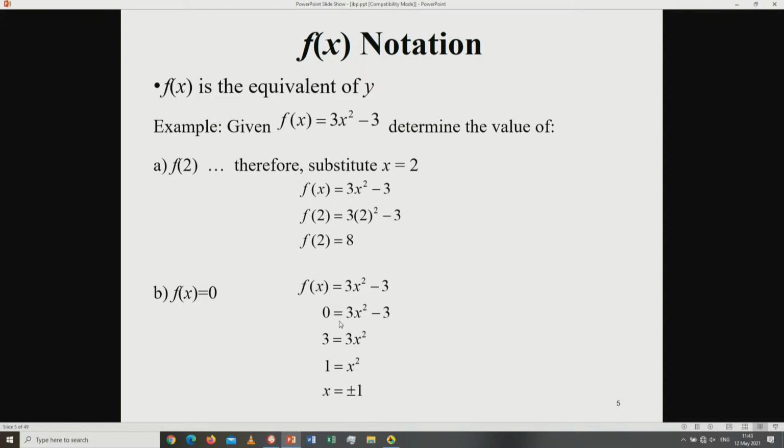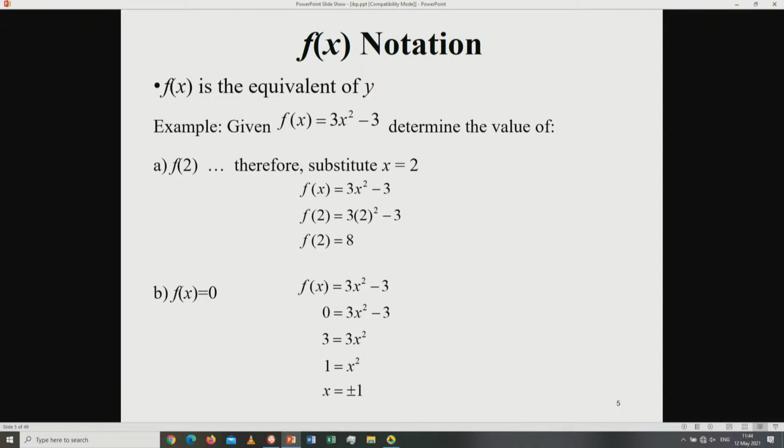So we have 0 = 3x² − 3. So it means in this case, what is it that I will be determining? I will be determining the value of what? The values of x. That is why you see here, you have x² = 1. Then when you apply the square root on both sides, you get x = plus or minus what? Plus or minus 1. Please, very, very important. Remember when you apply the square root on both sides, don't forget that you need to indicate that plus or minus.